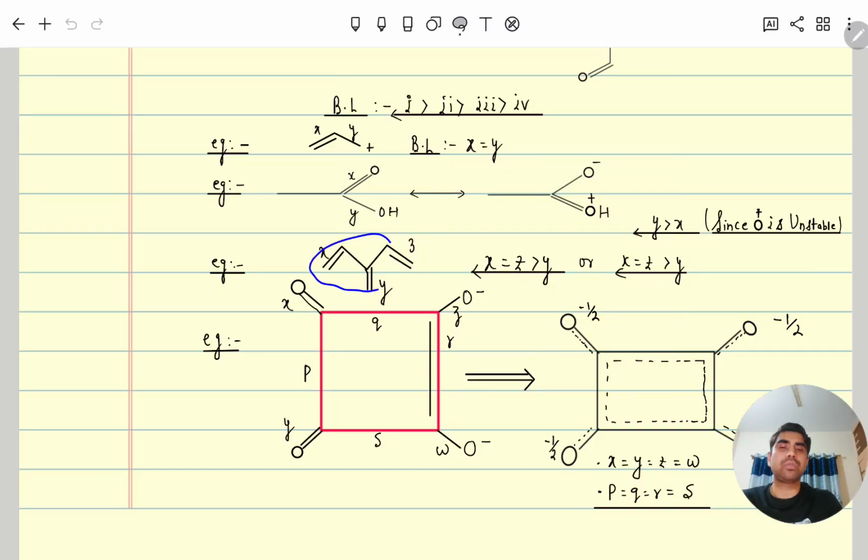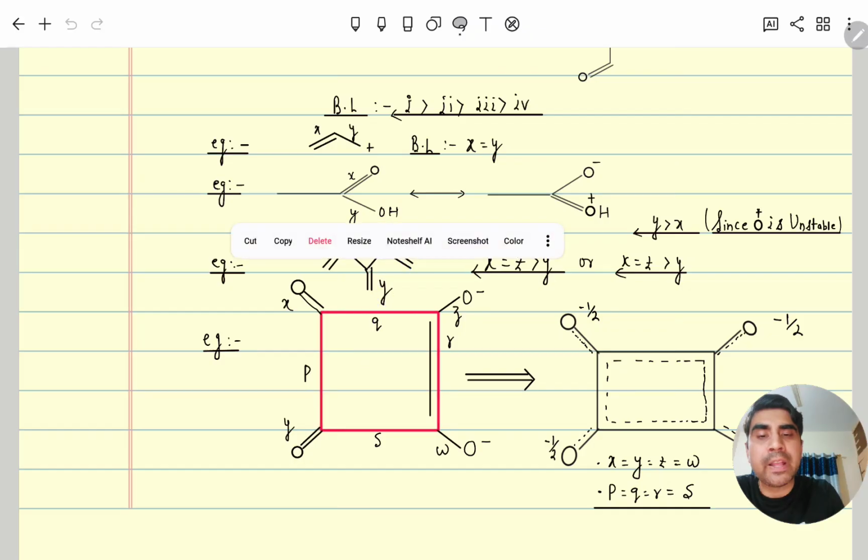Here again, due to conjugation, these all are same only, so bond length will be X is equal to Y is equal to Z. Or another way, not same, we can see that due to cross, if electrons are moving, because both are pi, pi, let's suppose electrons are moving in this direction, means here electron density is more, means bond order is more, means bond length will be less.